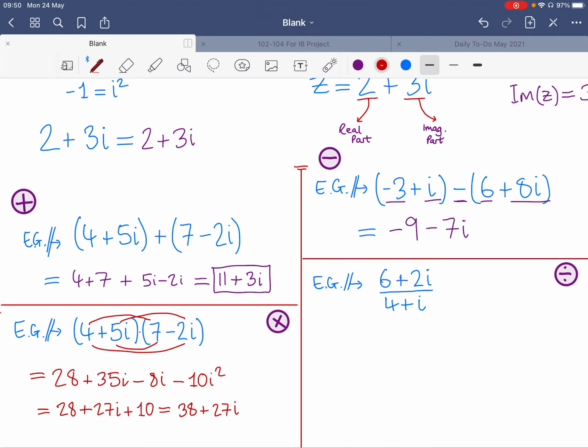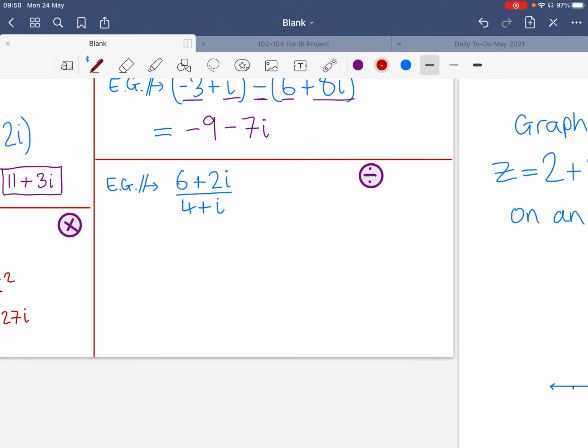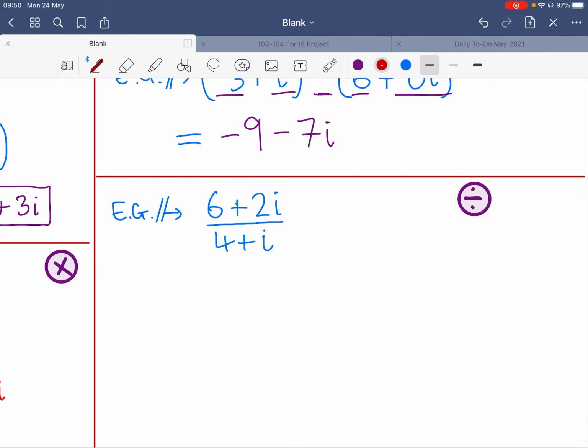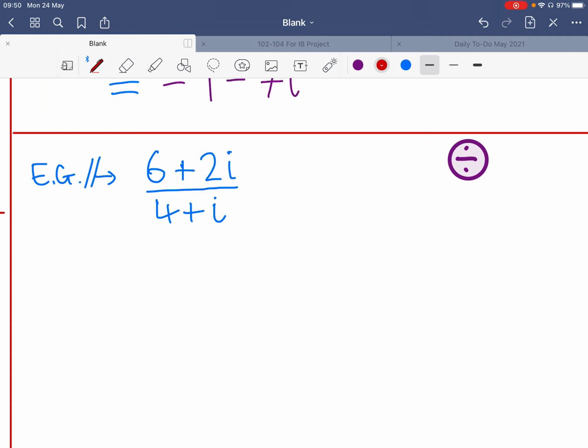And division, probably harder still. There's a couple of ways of doing this. There's one way where you can just assume that this is going to be a complex number. A plus bi is commonly used.